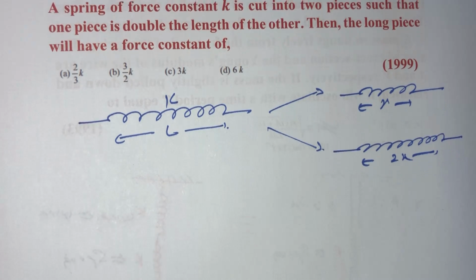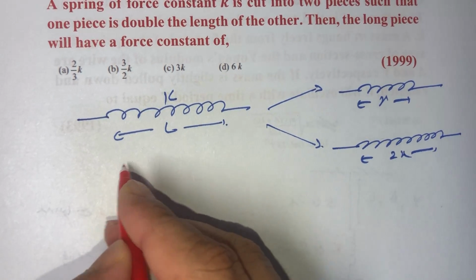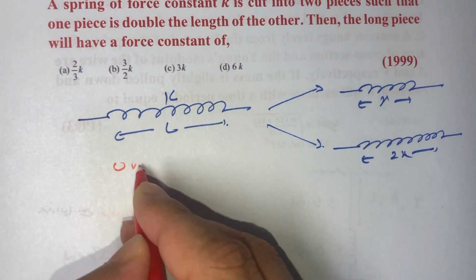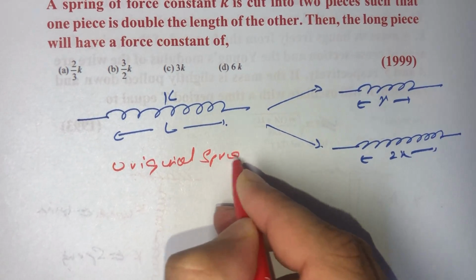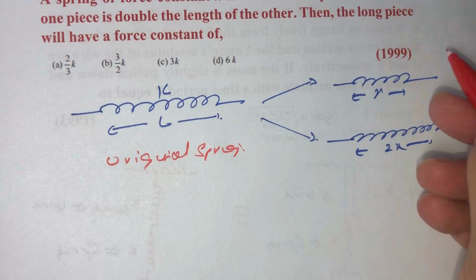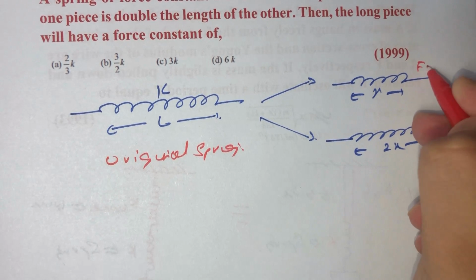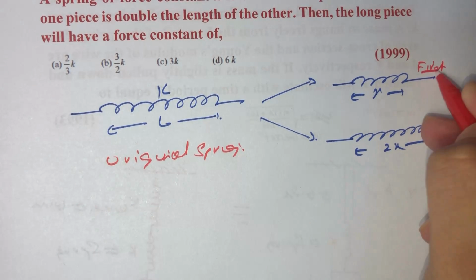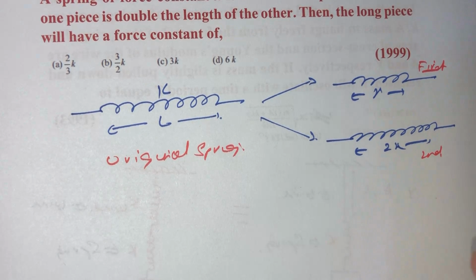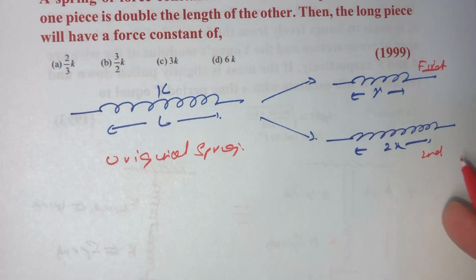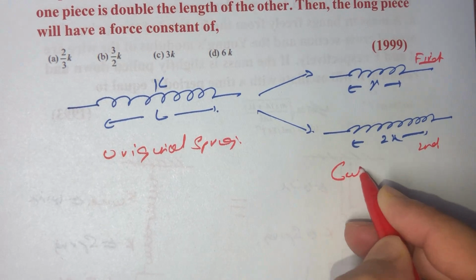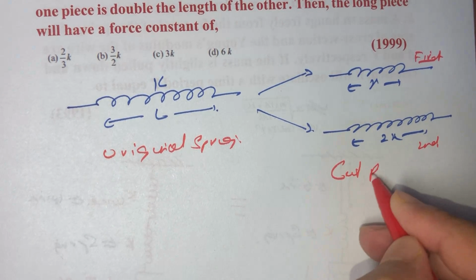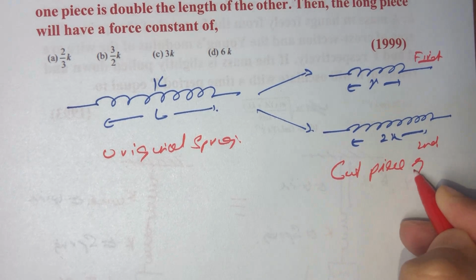So this is our original spring. Okay, this is our first piece, and this is our second. So these are the cut pieces. You can say cut pieces of spring.